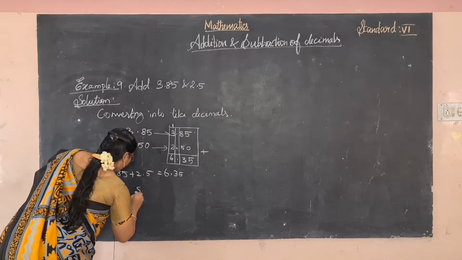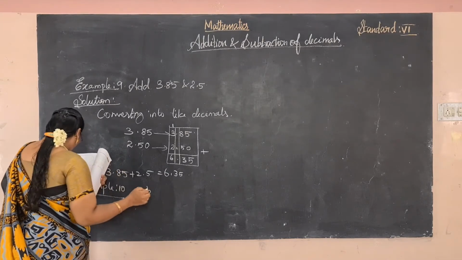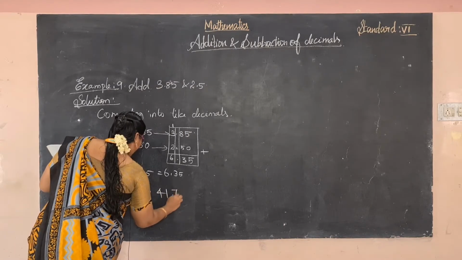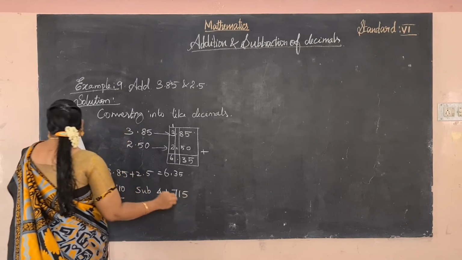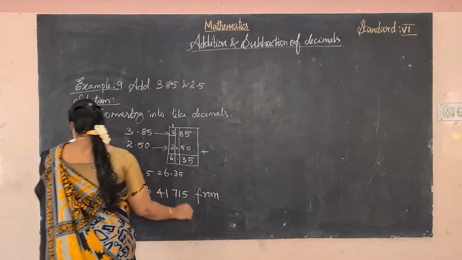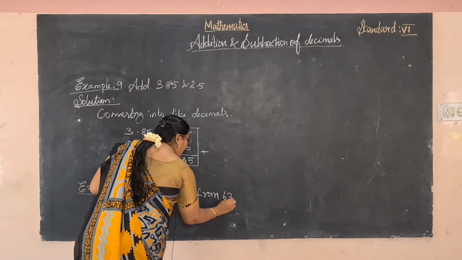The next one, subtraction. Subtract 41.715 from 63.2.